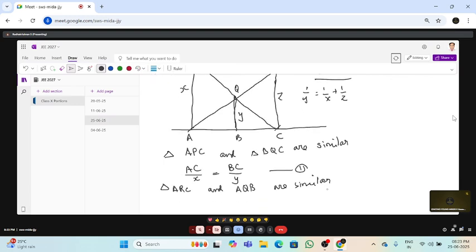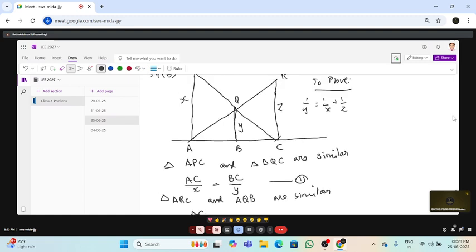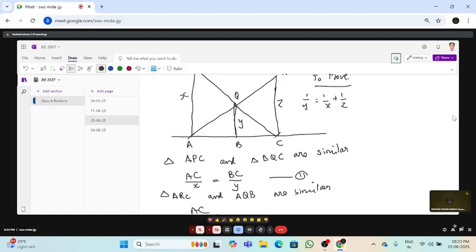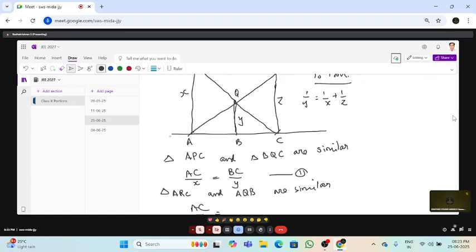So that means AC by z equal to AB by y. Correct?